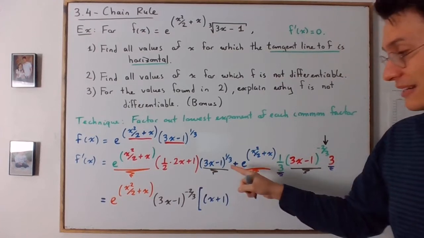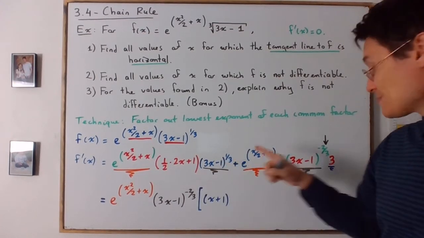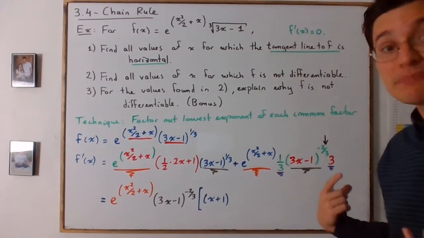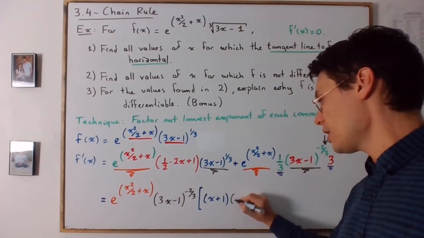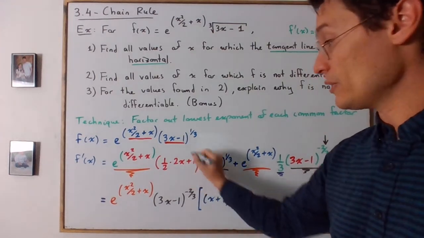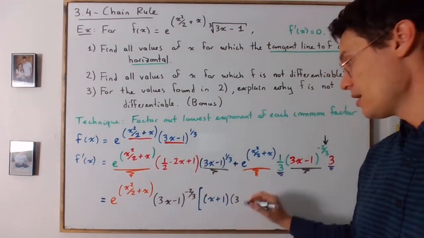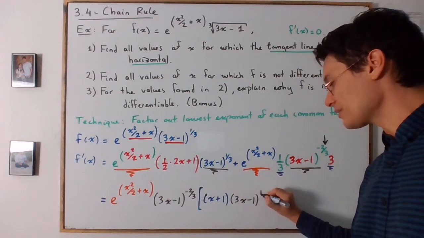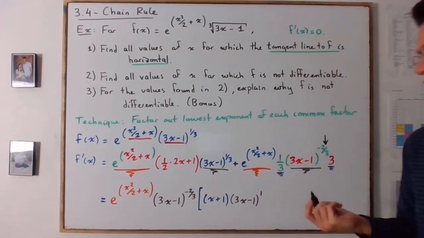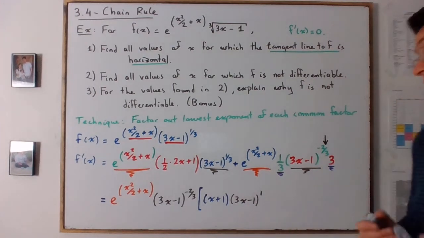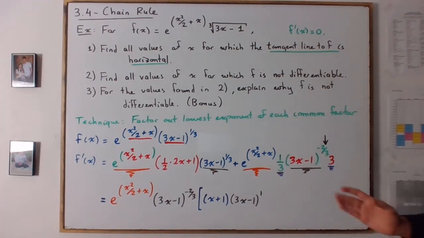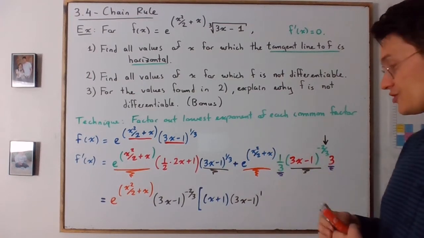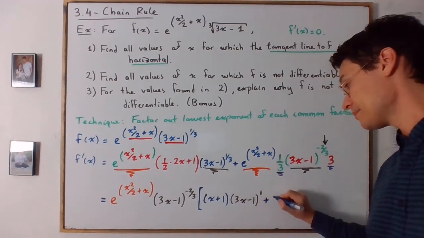You know automatically that this will have exponent 1 higher than this. But keep your eye on the ball, right? Make sure of that. So you multiply this x plus 1, which comes from the red term over here, by 3x minus 1, just to tease you, to the power of 1. But eventually, we are dropping that 1, obviously. What's nice is that here, nothing else remains. You just have plus 1.